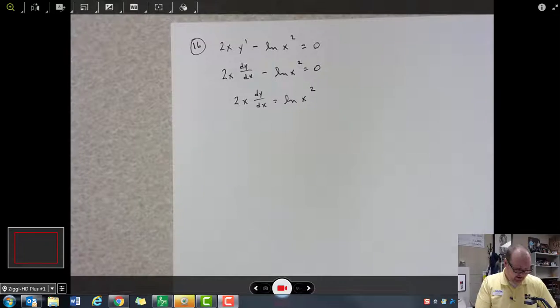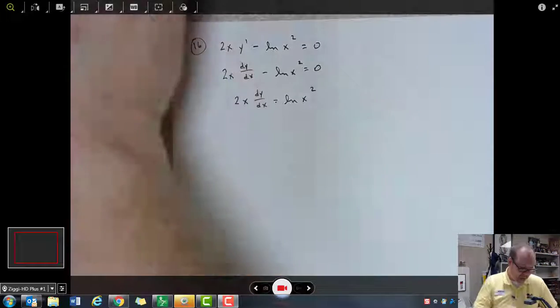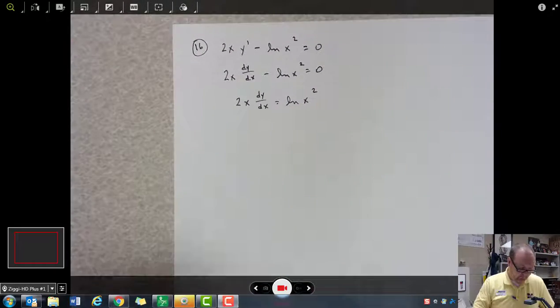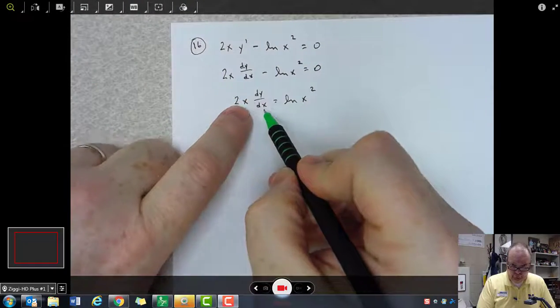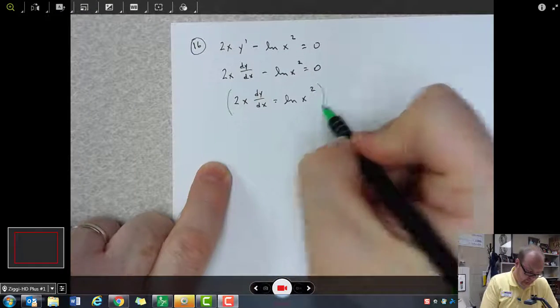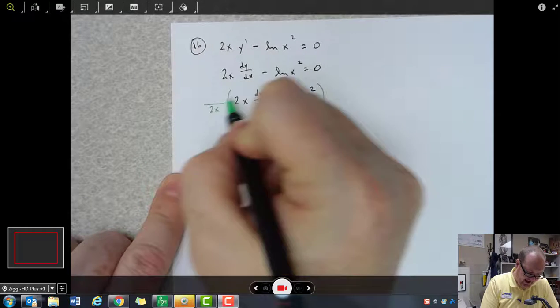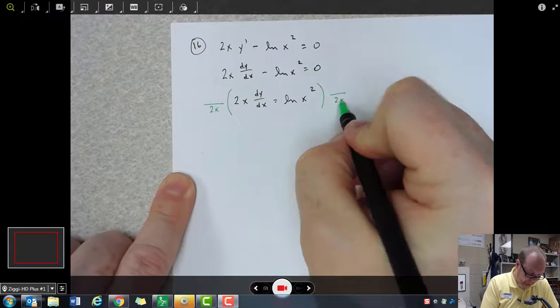So it looks like, goodness, I need to get all my x terms together. This side has y's and dy's and x's and dx's. Maybe I'll move these two terms to the right-hand side. So I'm multiplying by 2x, so I need to divide by 2x.